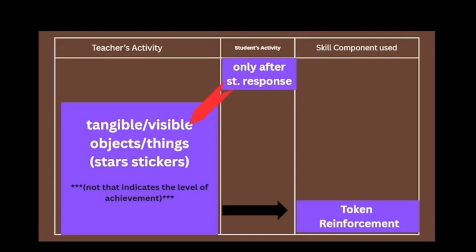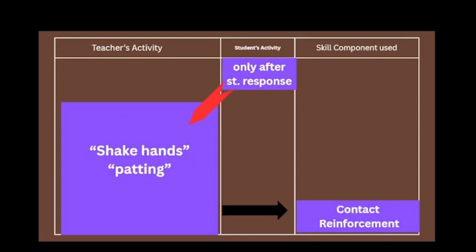Giving small gifts to the students is an example of token reinforcement. Now, the next comes contact reinforcement. Contact refers to the bodily contact between the teacher and student. Sometimes shaking hands or patting the students on the back would be taken as this reinforcement.